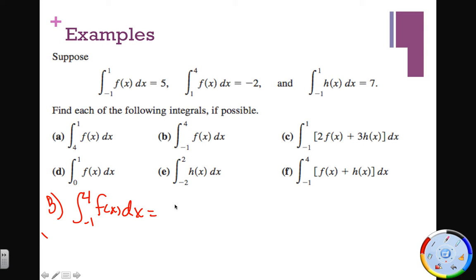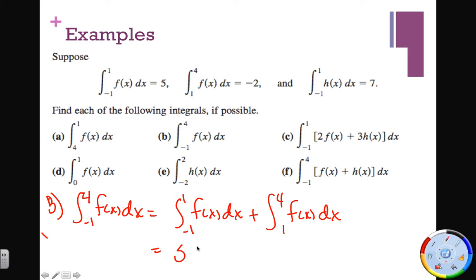There we go. I can break this up into -1 to 1 of f of x dx plus 1 to 4 of f of x dx. And I know to go from -1 to 1 for the function f is 5, and to go from 1 to 4 is -2. And I get a value of 3. Again, kind of straightforward there.